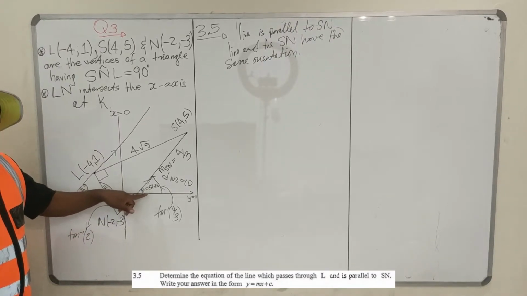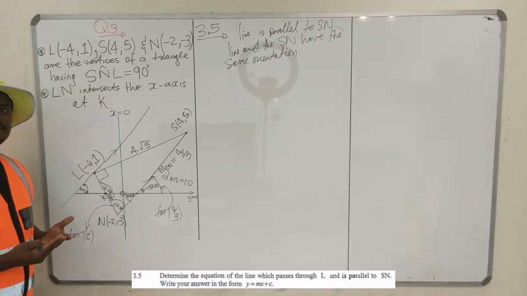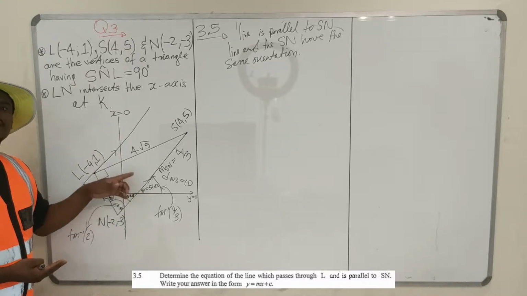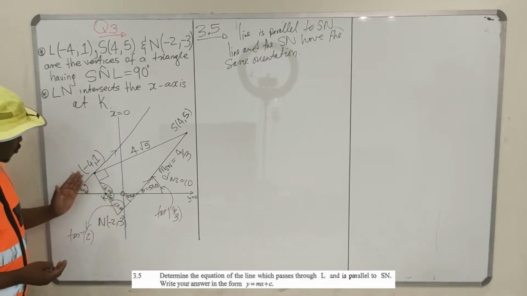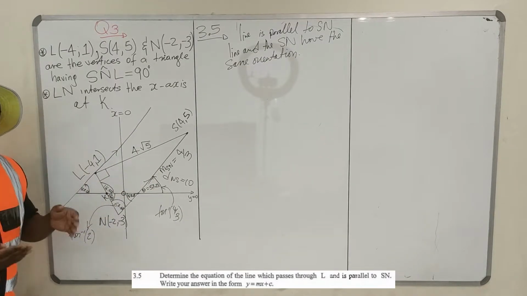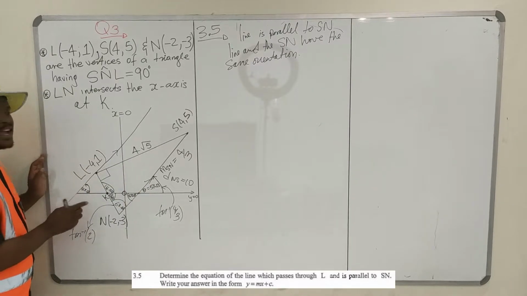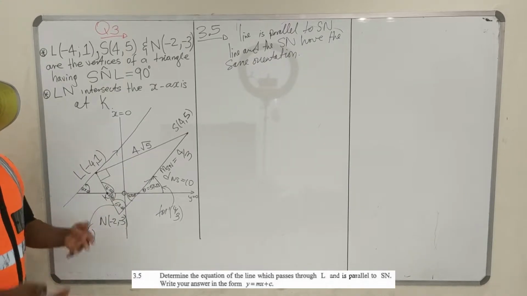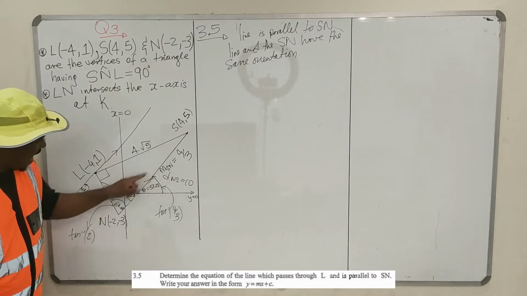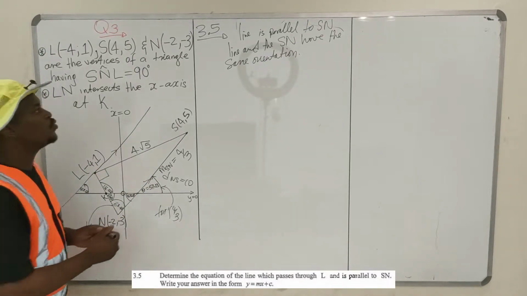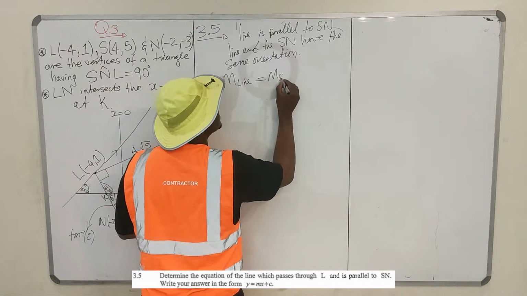Because this angle of inclination is determined by the gradient, on the size of the slope. So the line that passes through L and the line SN have the same gradient, which means the gradient of your line is equal to the gradient of SN.